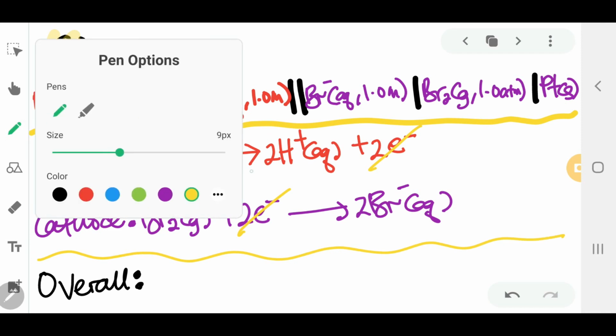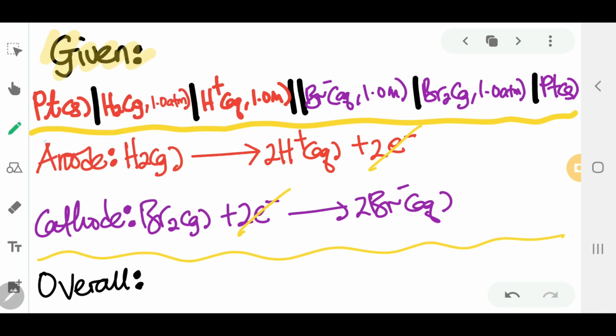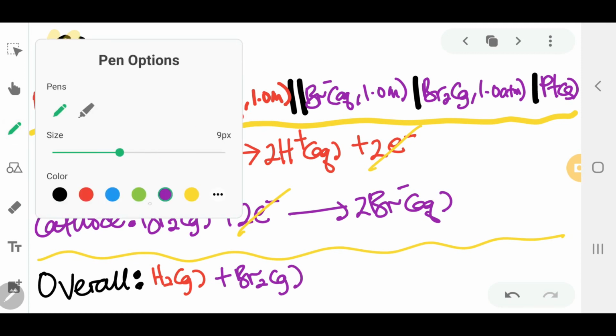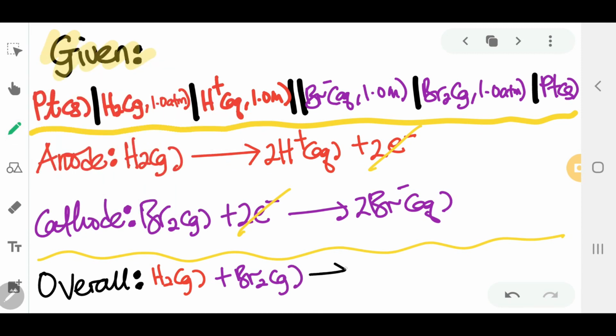And when you combine, you'll get H2 gas plus Br2 gas, and you'll get 2H plus aqueous plus 2 Br minus aqueous.